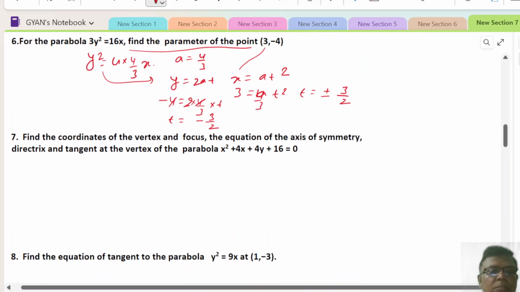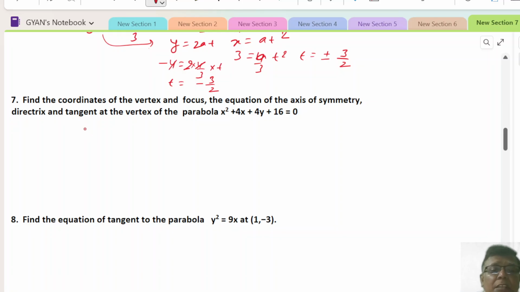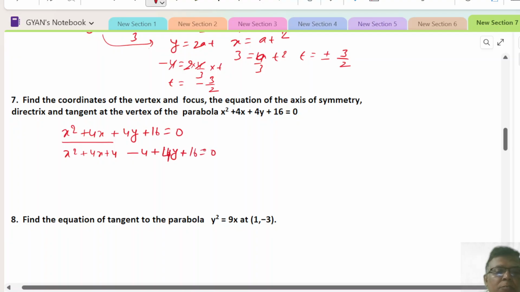Now come to question number 7. Question number 7 says x square plus 4x plus 4y plus 16 is equal to 0. So here you can write x square plus 4x plus 4 minus 4 plus 4y plus 16 is equal to 0.